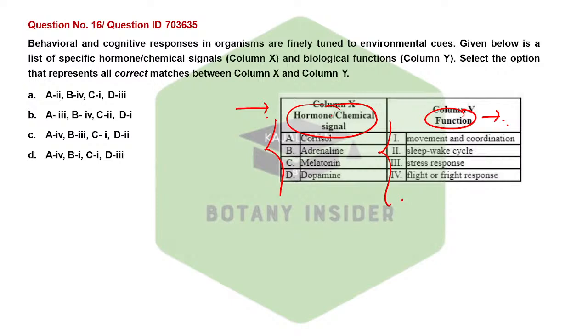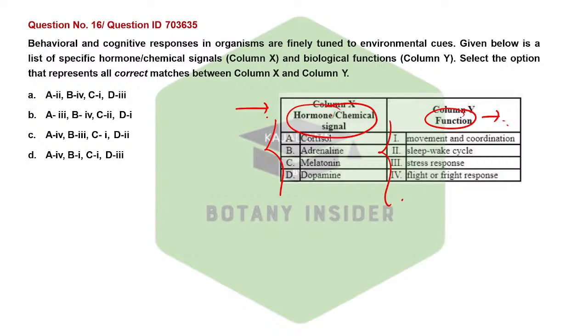Everyone, mark the answer quickly. You're given the various hormones or chemical signals and their functions. So you have cortisol, adrenaline, melatonin, and dopamine, and the various functions related to the same.